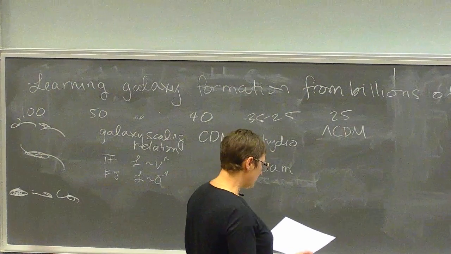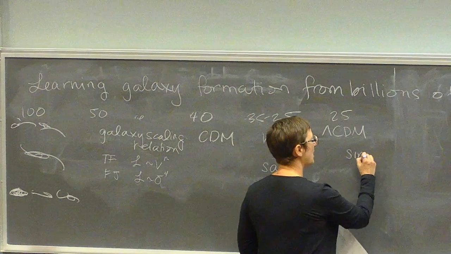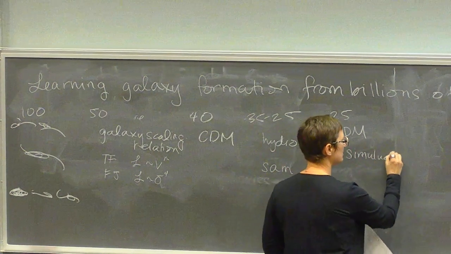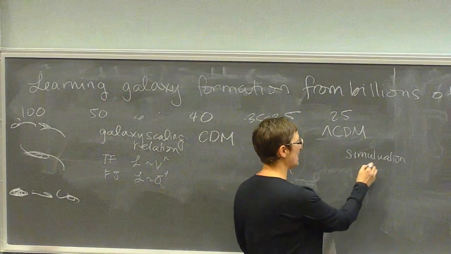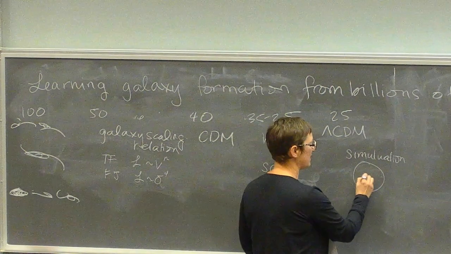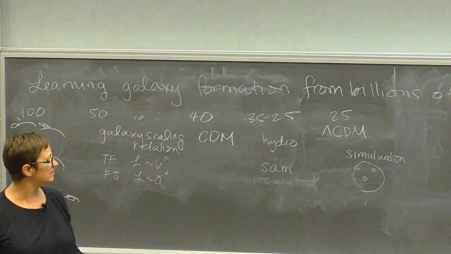And so the key thing that happened around here is we started to have simulations with sufficient resolution to actually get dark matter halos and their substructures. So that was an important thing that happened.